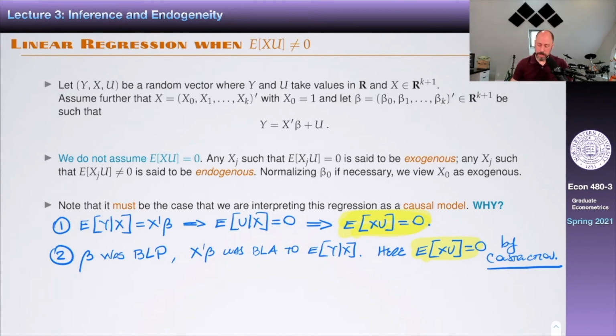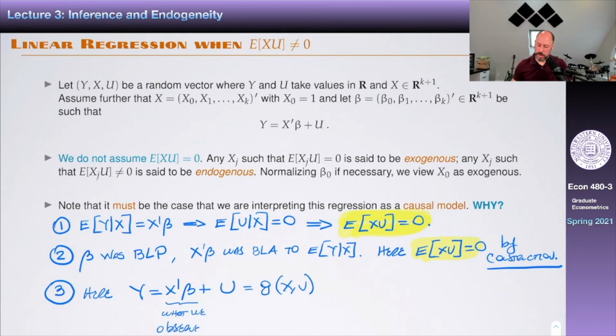So now, since there are three interpretations, the one that makes sense is the third one, because here we wrote y equals x beta plus u, and remember that we view this as a model producing the y's. This part is what we observe, and this part over here is like factors we do not get to observe.